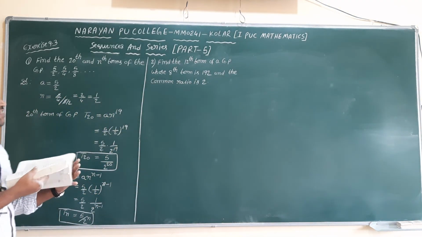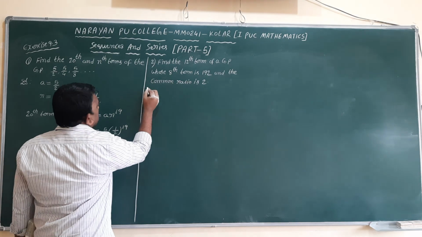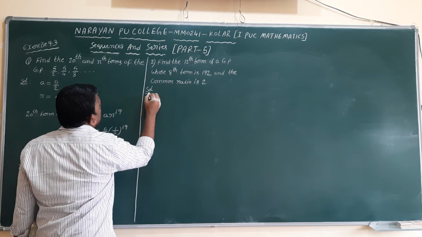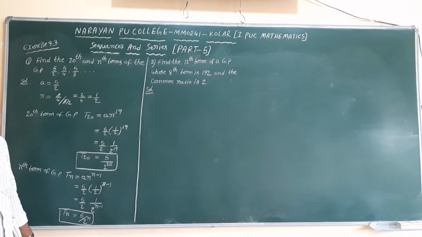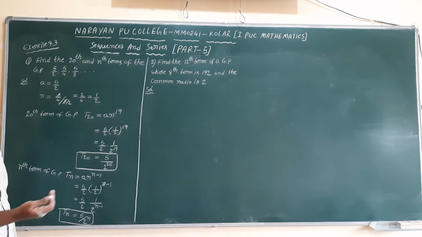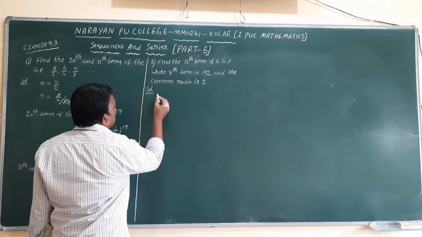So T12 we need to find. For that, first term and common ratio are both required, but the common ratio is given. By using the data, the first term can also be calculated.